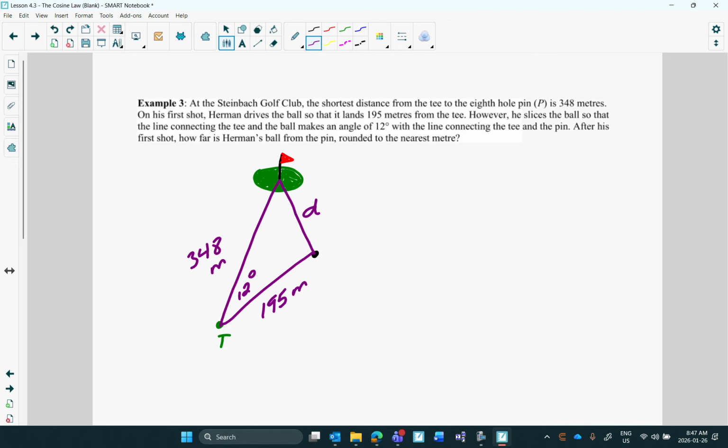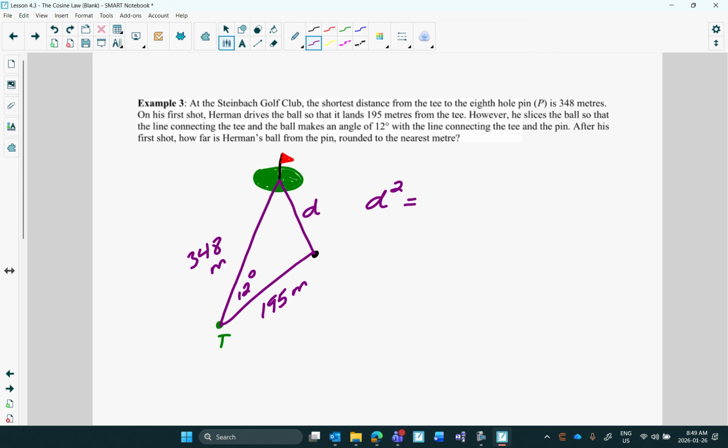We're given two sides, the angle between them. That means we're going to use cosine law. So how would you set it up? The side we want to find, we put it by itself squared. That's going to equal.